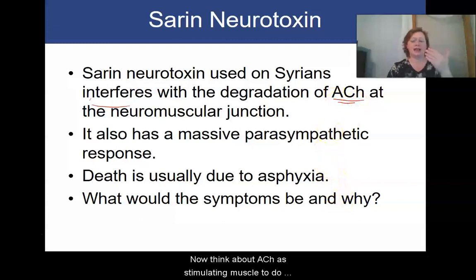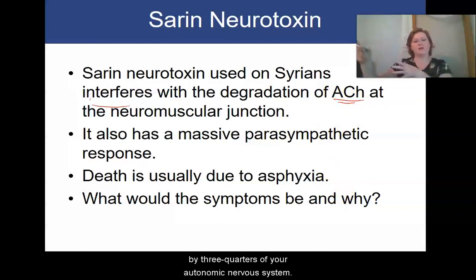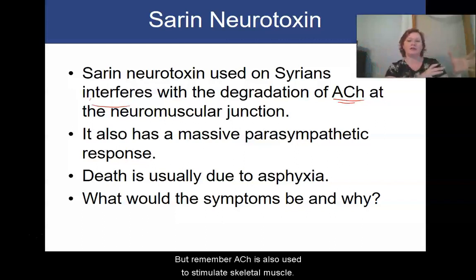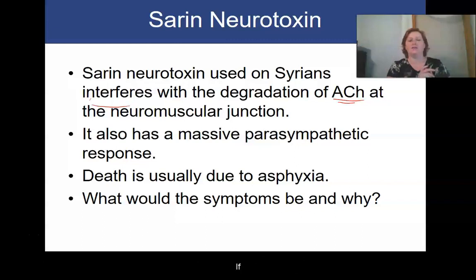Now think about ACH as stimulating muscle to do something. Remember, we said it's used by 3/4 of your autonomic nervous system, but remember ACH is also used to stimulate skeletal muscle. If I don't break down that ACH, I'm going to continue to stimulate those muscles and also those glands.